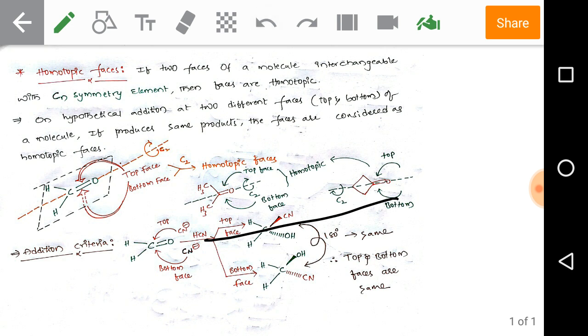Now we can say the top phase and bottom phase are in a homotopic relationship, and those phases are homotopic phases.